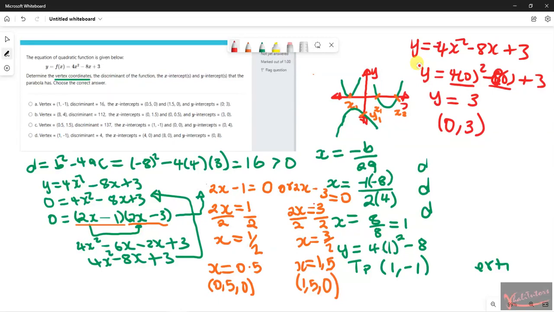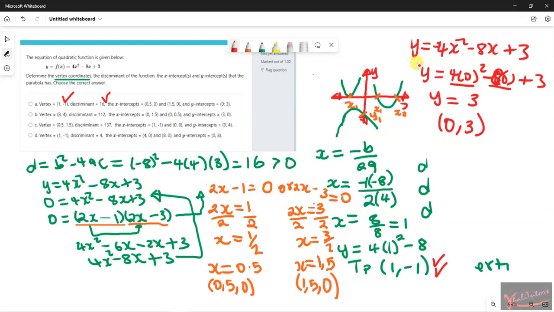Now we need to check and compare and see if there is any option that has the same answers as us. If you look at the first option here, we got this one as the turning point. Then we got the discriminant, which is 16.